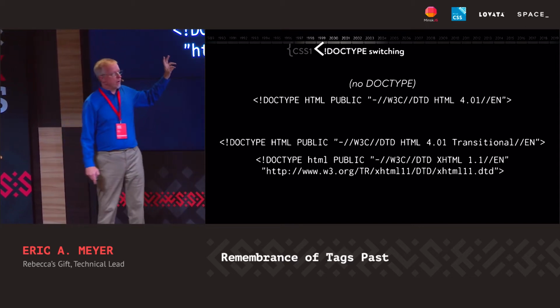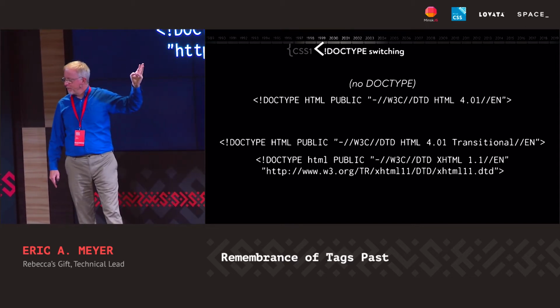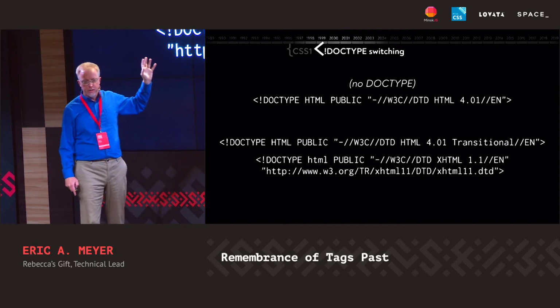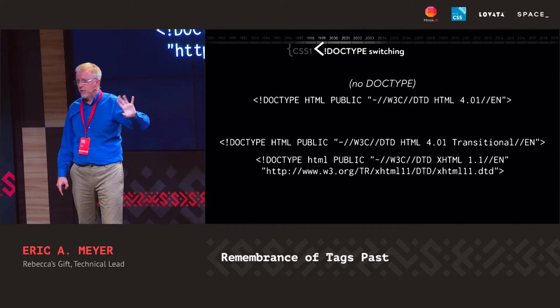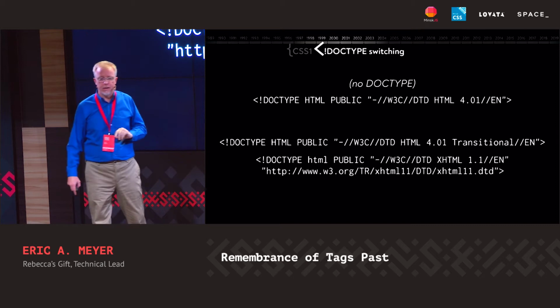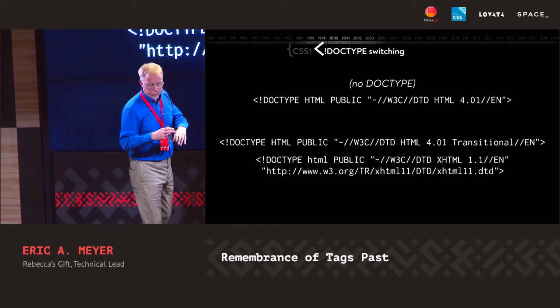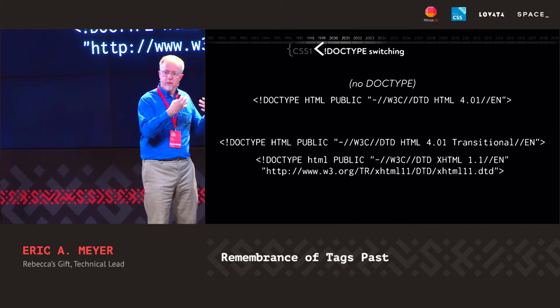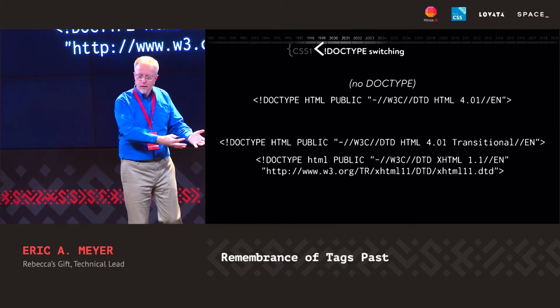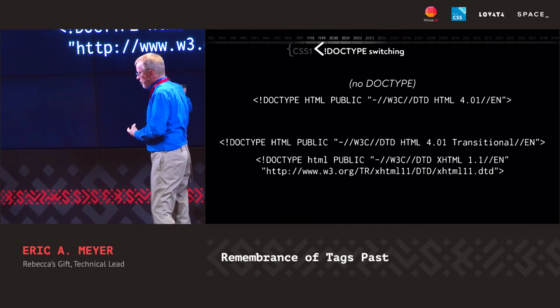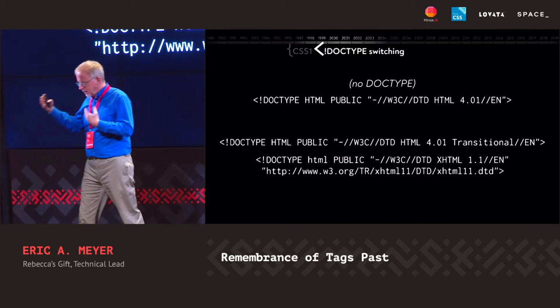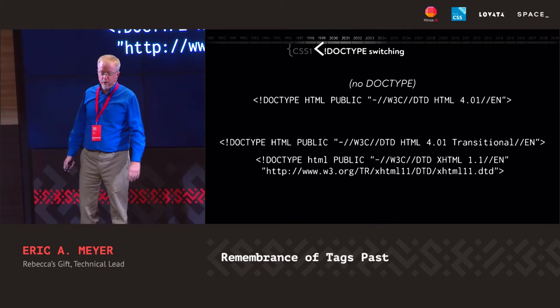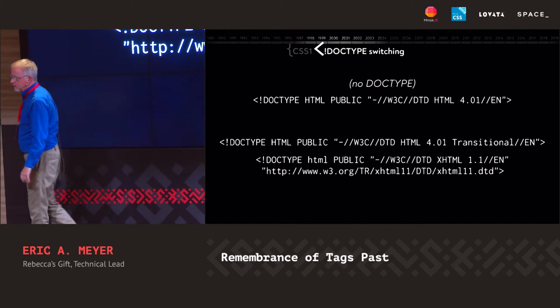But Todd Farner, who has since retired from web work altogether, proposed doctype switching. Some of you may have heard of this, or possibly even depended on it, where certain doctypes, or the absence of a doctype, would cause browsers to render things however they used to, but the presence of other doctypes would cause them to stick to the standards more closely.